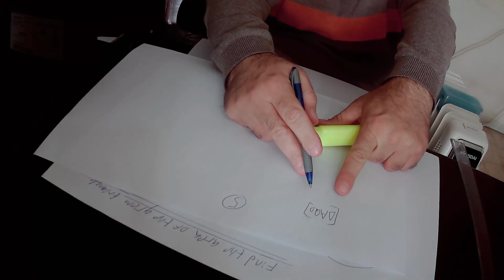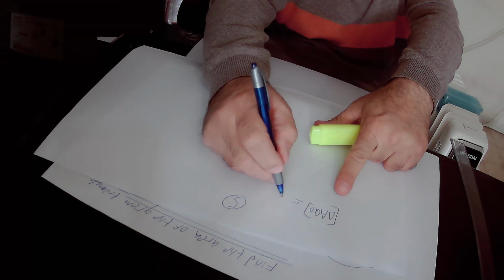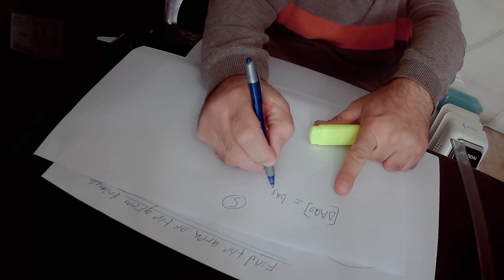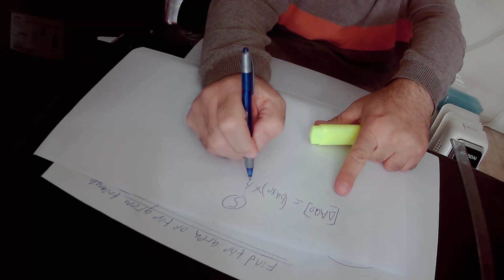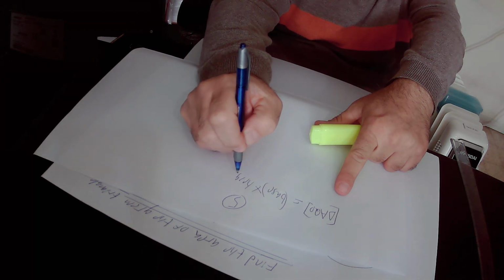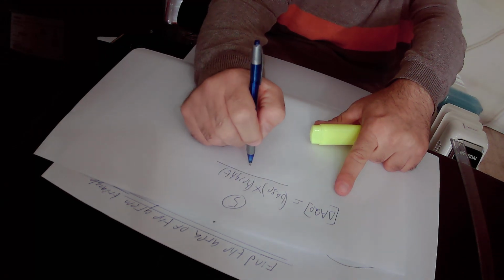It means the area of triangle AQO equals the base of the triangle times the height to the base, over 2. The height must create 90 degrees with the base. That is the area of any triangle.